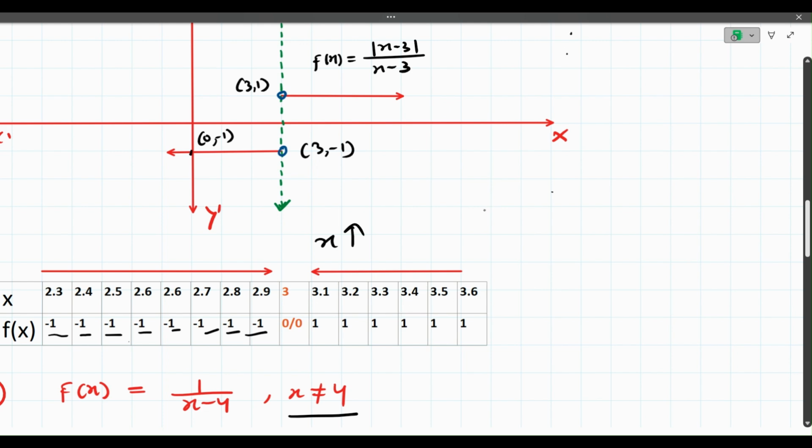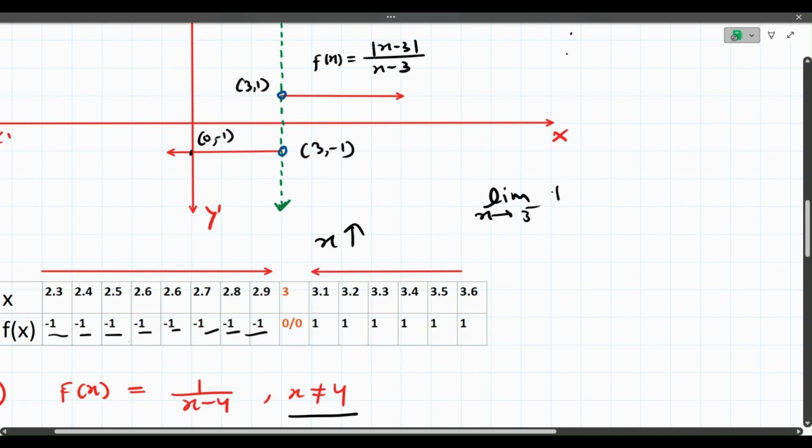So here we can see that when x approaches 3 from the left side, f(x) tends to the limit negative 1. But when x approaches 3 from the positive side, f(x) approaches positive 1.